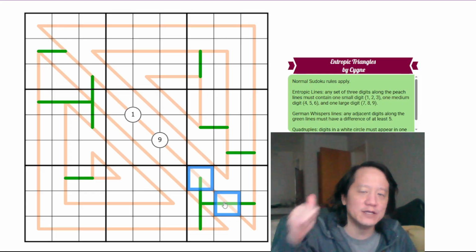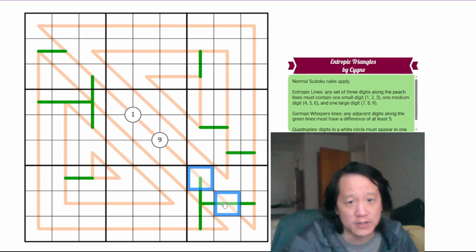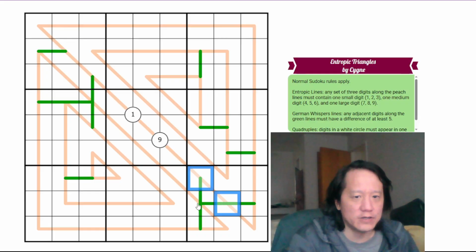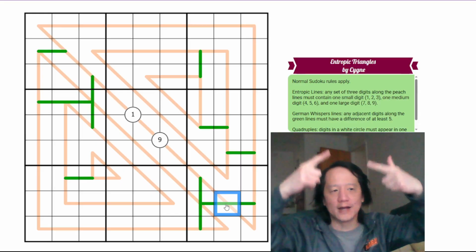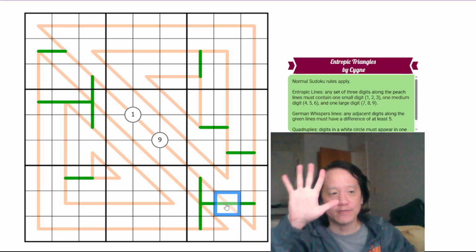One has to be medium, and the other small or large, because you can't have them be small and large. If one's small and one's large, what digit is going to be 5 away from both of those? Well, the most extreme is 1 and 9, but there's no digit that could be next to both of those that's 5 away from both.